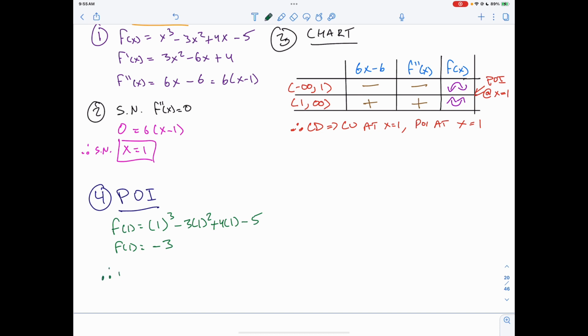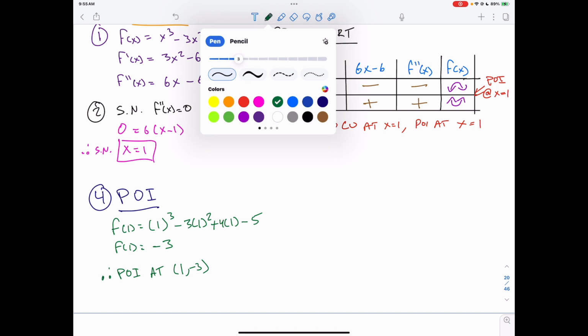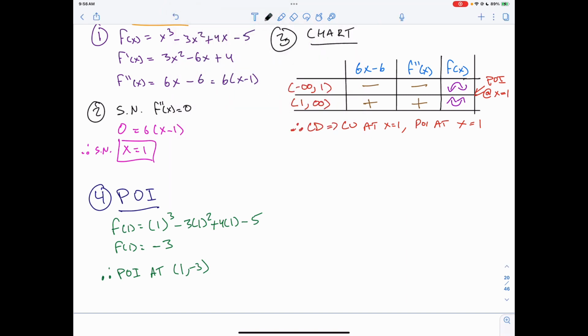And we're going to get a point of inflection at 1 and negative 3. And then lastly, as we always do, I just want a statement.